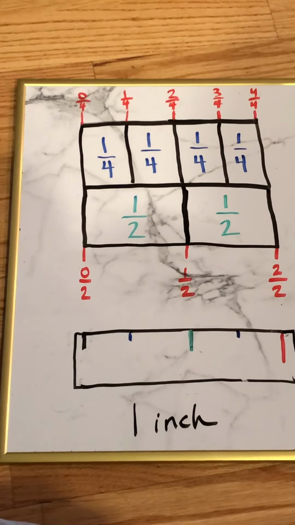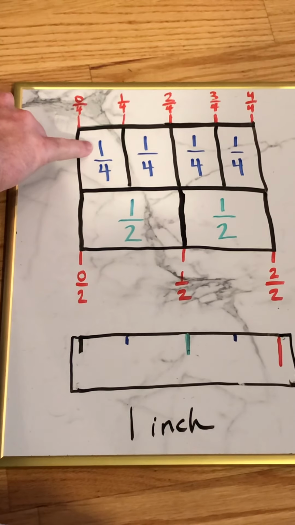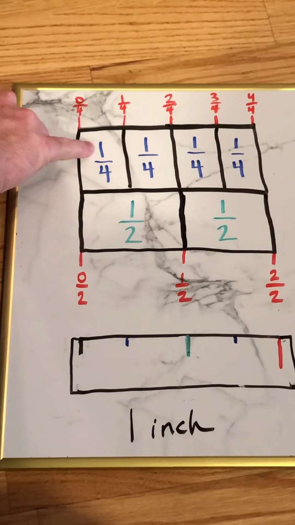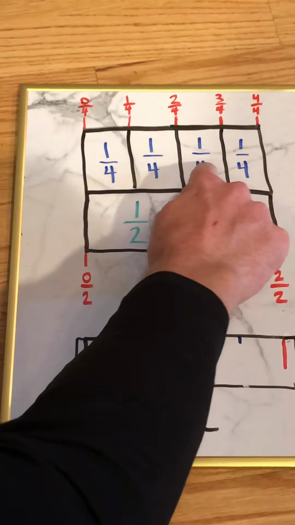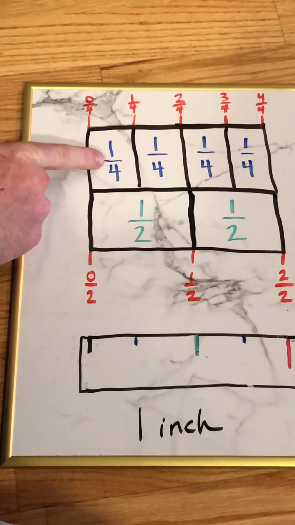If you remember, a unit fraction is when a 1 is in the numerator. So each one of these boxes represents the unit fraction 1/4.